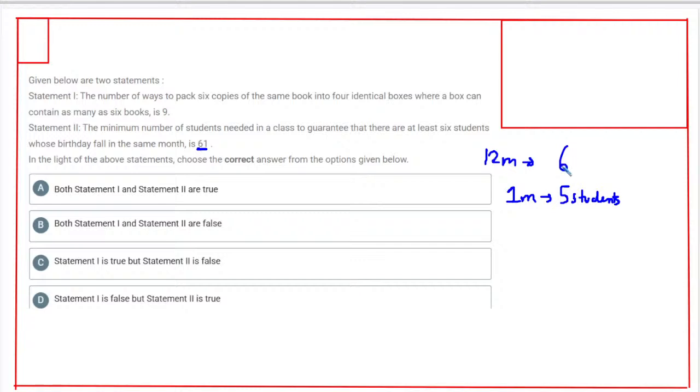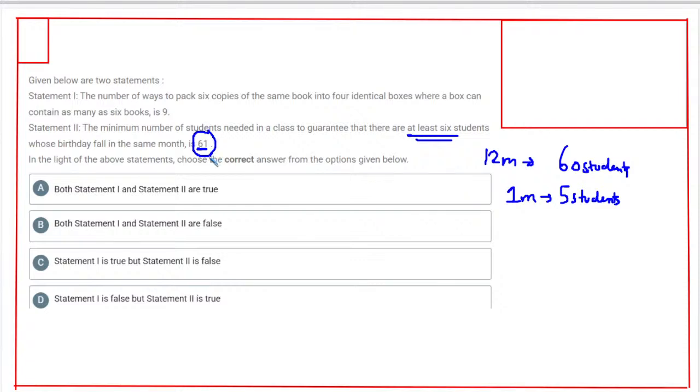So 12 months correspond to 60 students, and then the next student will make the question true that at least 6 students are required.